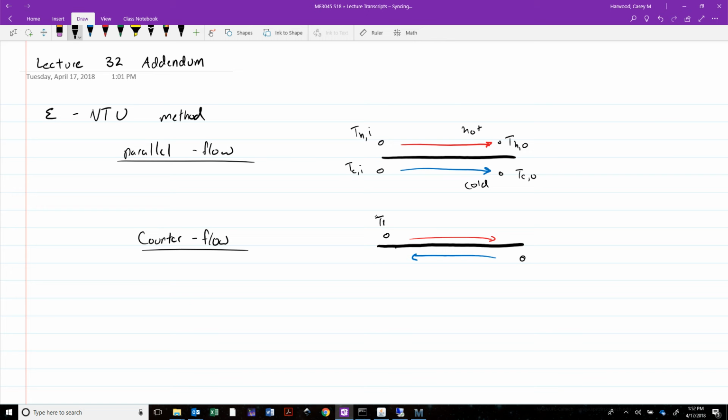So our hot fluid inlet temperature, that is the hottest temperature of the hot fluid, is located away from the inlet of the cold fluid. And so in this case, the inlets and outlets of one side have simply been reversed.